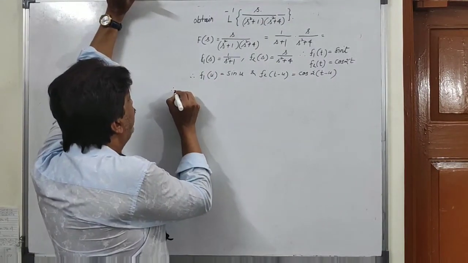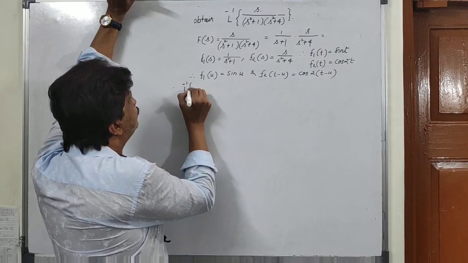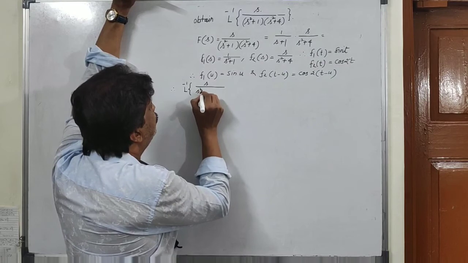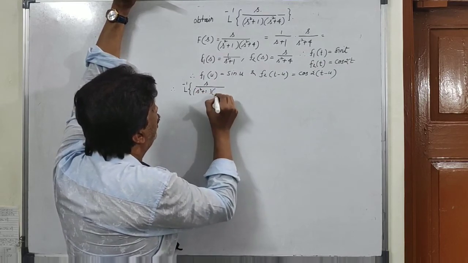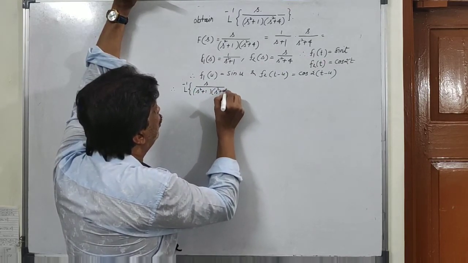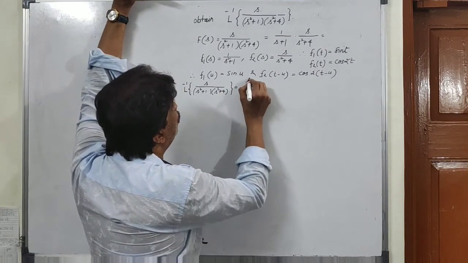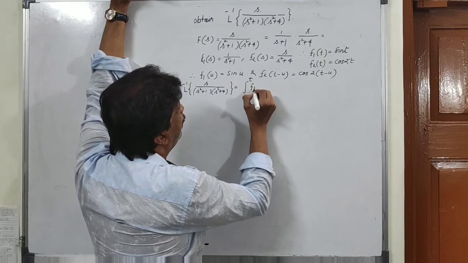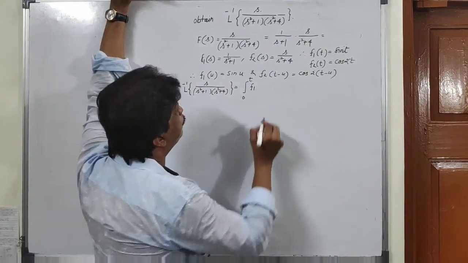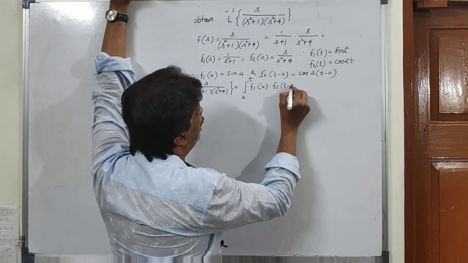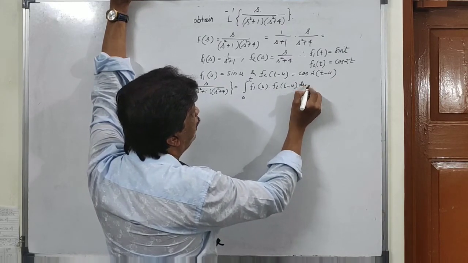Therefore, L inverse of s upon s square plus 1, s square plus 4, by convolution theorem is integral 0 to t f1 of u into f2 of t minus u du.